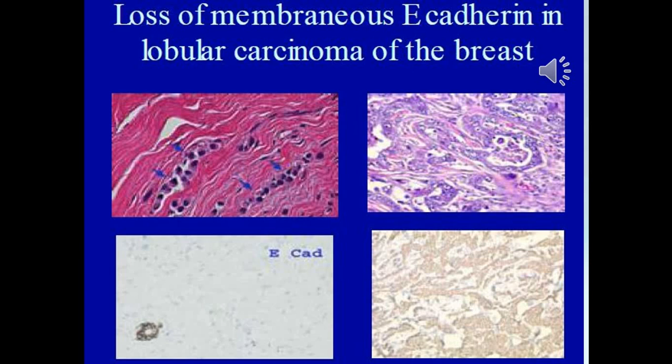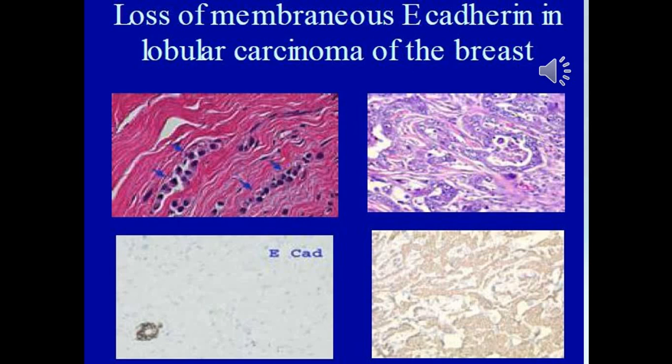Lobular carcinoma is a type of breast carcinoma where the malignant cells appear on histological section to be arranged in a linear pattern, and they are characterized by loss or reduced expression of E-cadherin, which can be shown by immunohistochemistry staining, by adding specific antibodies that attach to the E-cadherin antigens and show them up.